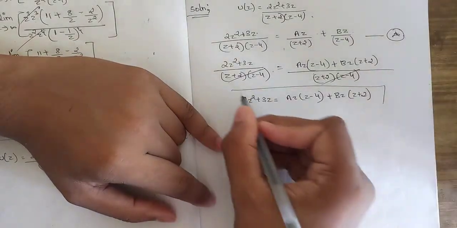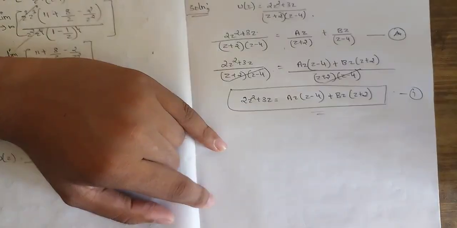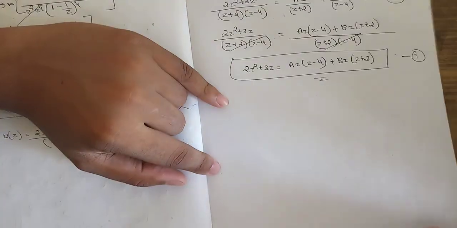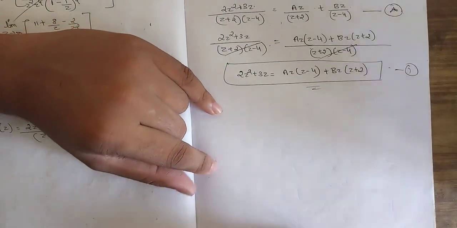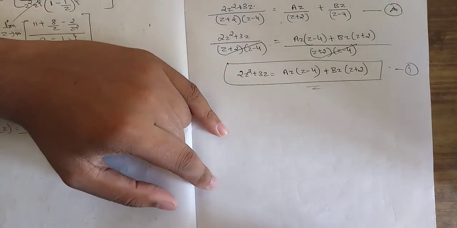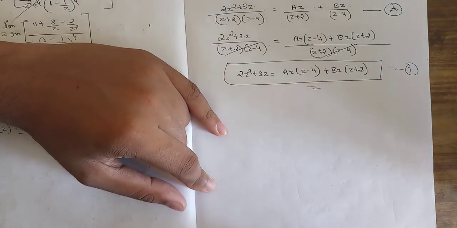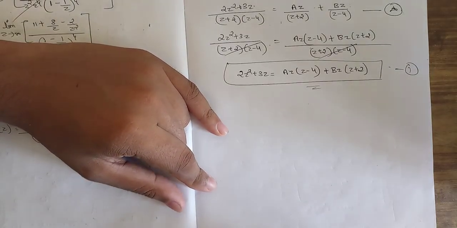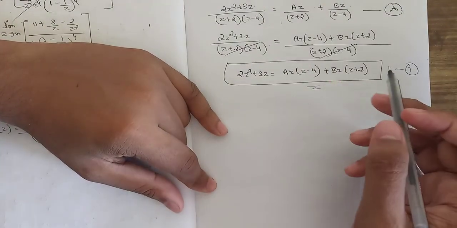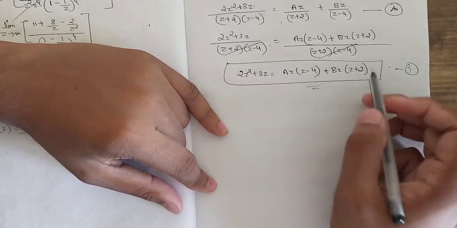Now let's take this equation as equation 1. Now we need to find the values for A and B. In order to find them, we need to substitute some values for z. Let's first find the value for B. You can also first find A in any case, but I prefer to find the value of B first.